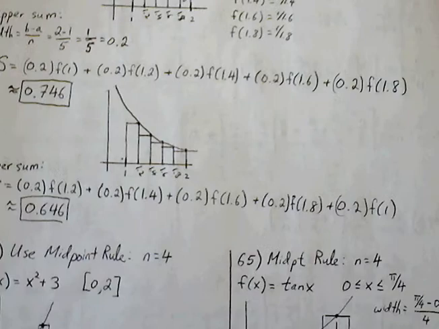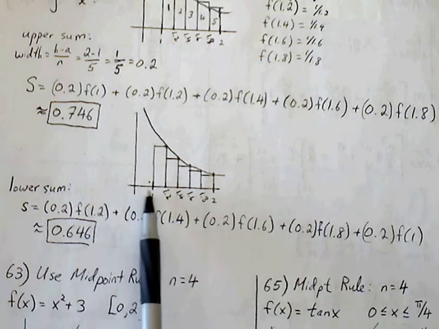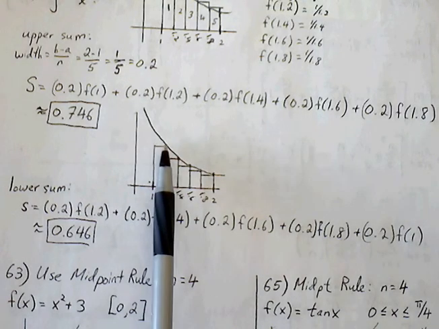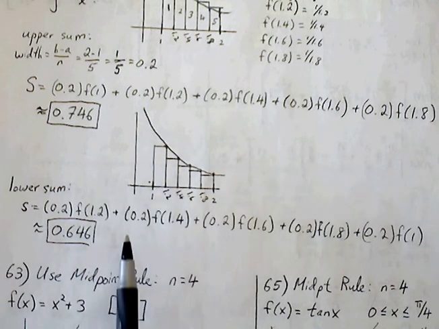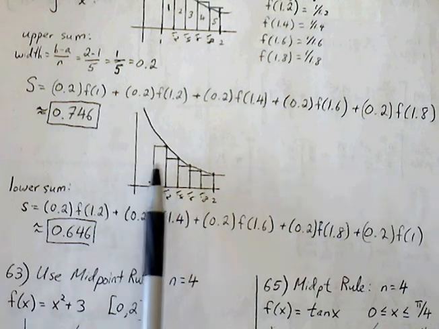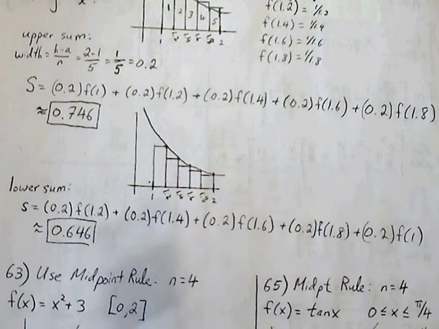If we want to find the lower sum, then we want to draw the rectangles so that we have gaps below the curve. We want an under approximation, so we don't want any portion of the rectangles to be above the curve.